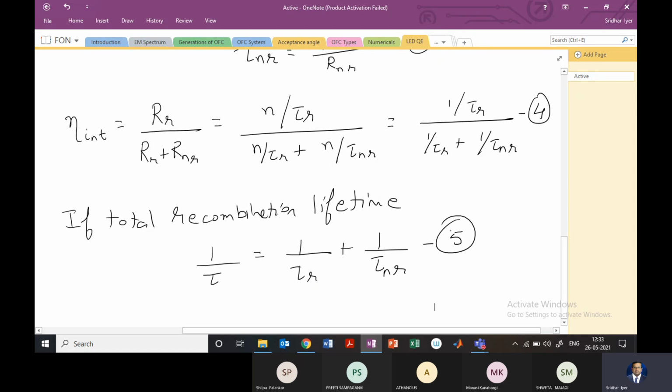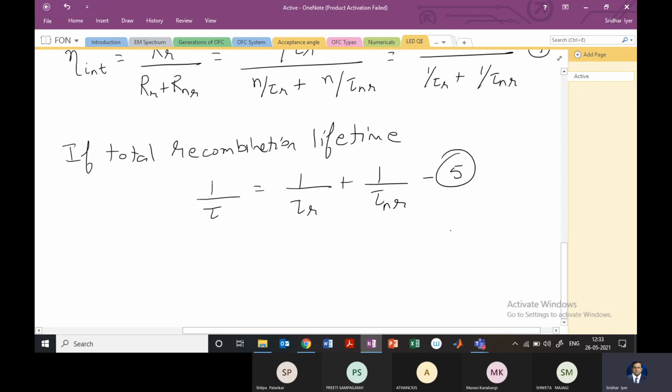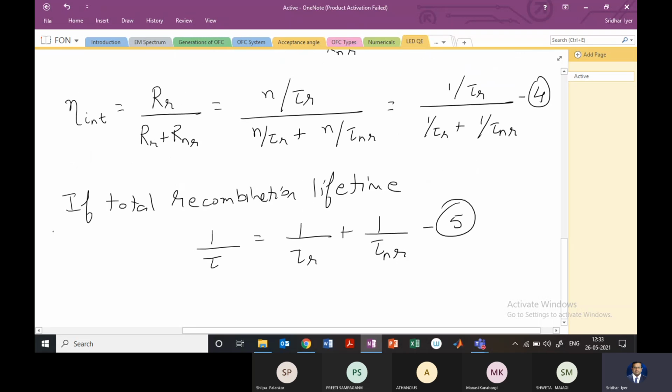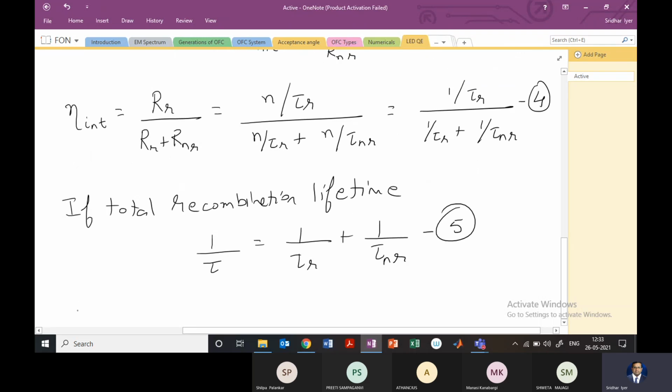Under that assumption, equation 4 becomes internal quantum efficiency equal to 1 by tau_r, the numerator, over 1 by tau_r plus 1 by tau_nr, which from equation 5 is just 1 by tau.